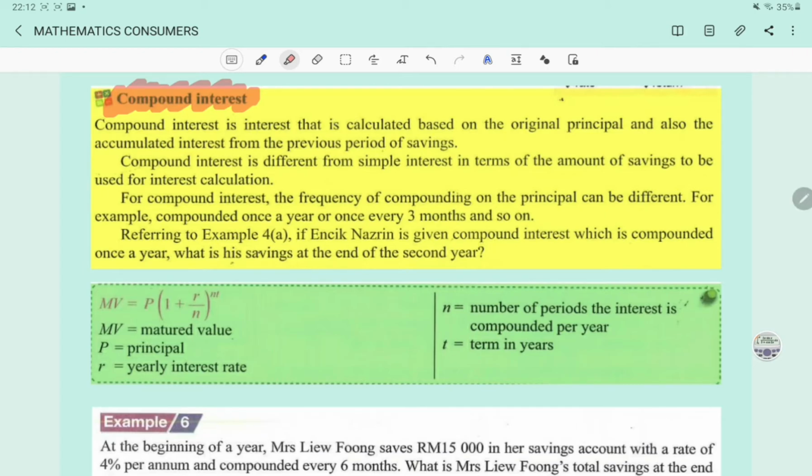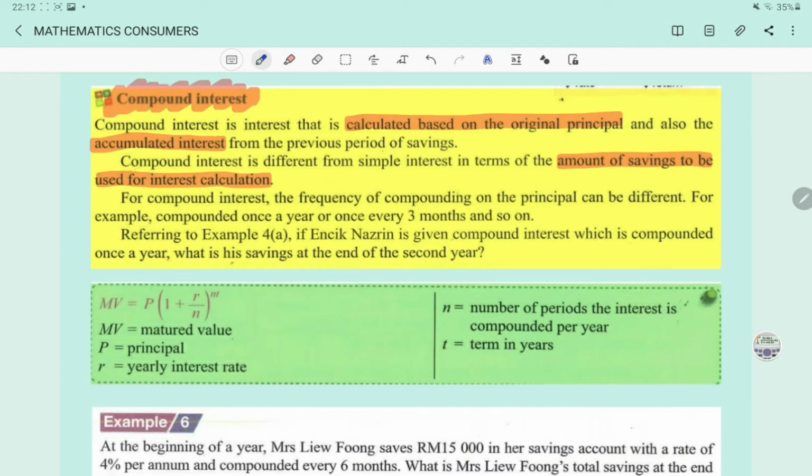Compound interest is the interest that is calculated based on the original principal and also the accumulated interest from the previous period of savings. Compound interest is different from simple interest in terms of the amount of saving used for interest calculation.